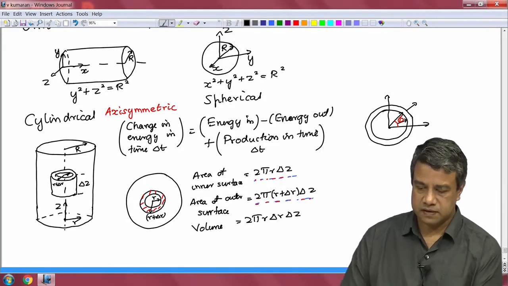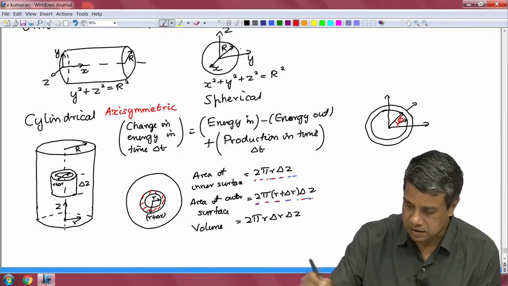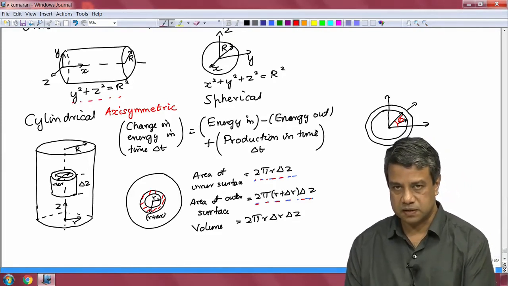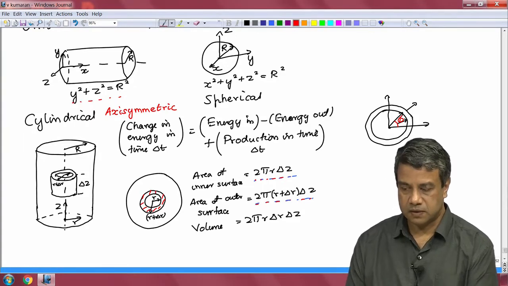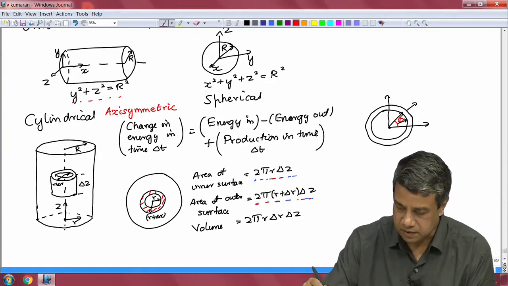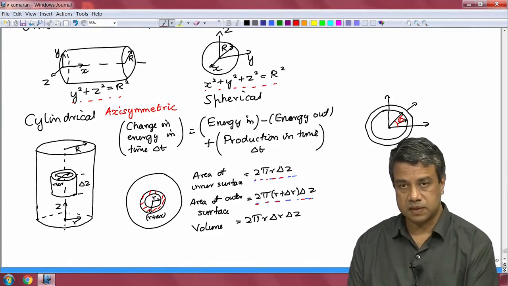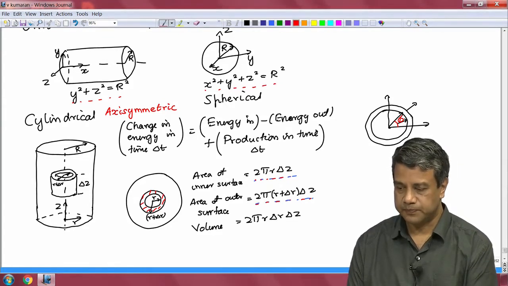The curved surface for a cylinder in a Cartesian coordinate system is where y square plus z square is a constant. In a spherical coordinate system, if your origin is at the center of the sphere, this is x square plus y square plus z square equal to a constant.